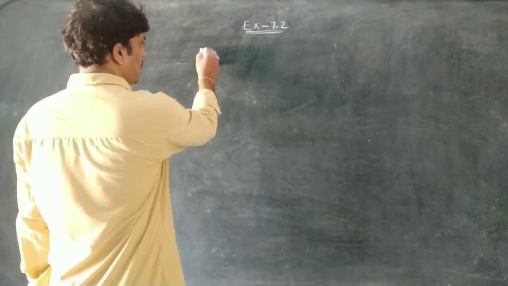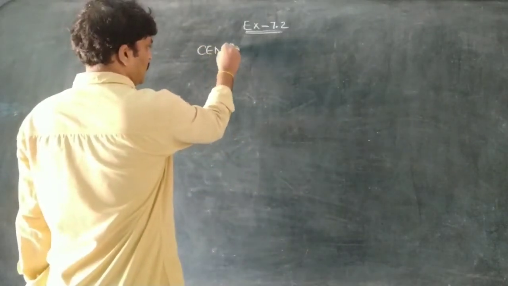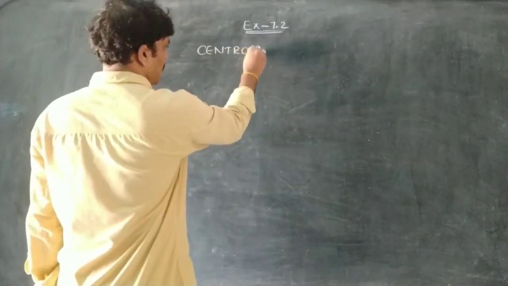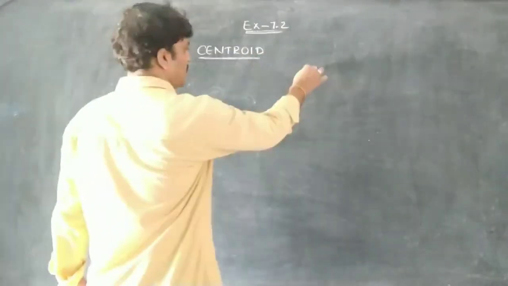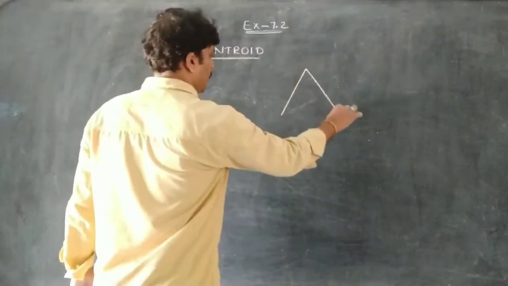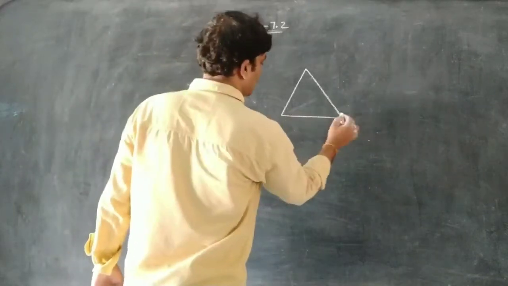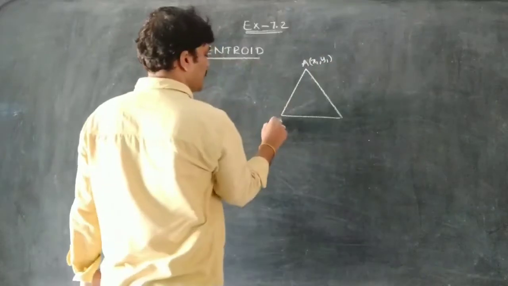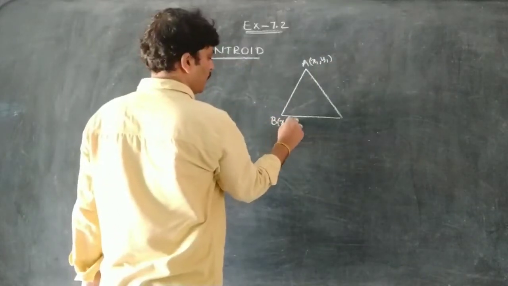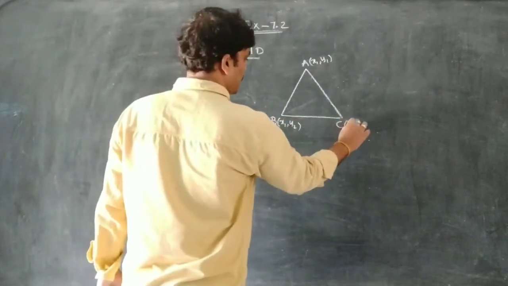Now centroid. Centroid of a triangle. What is called centroid? Point of concurrence of medians. A is x1 y1, B is x2 y2, C is x3 y3.